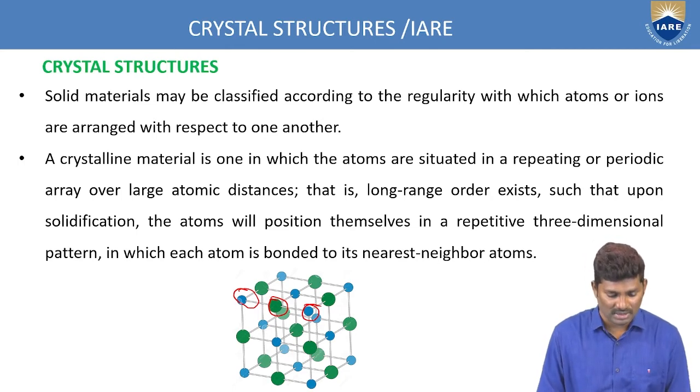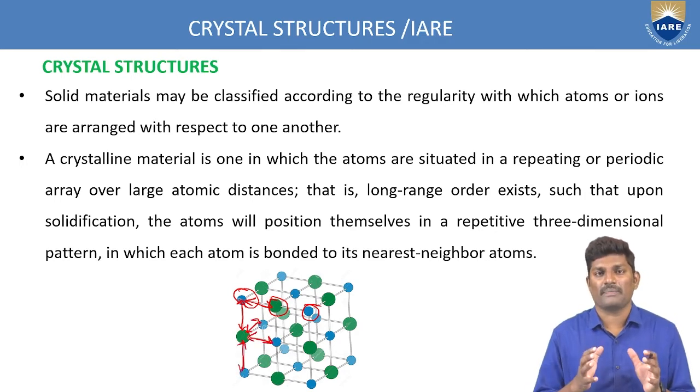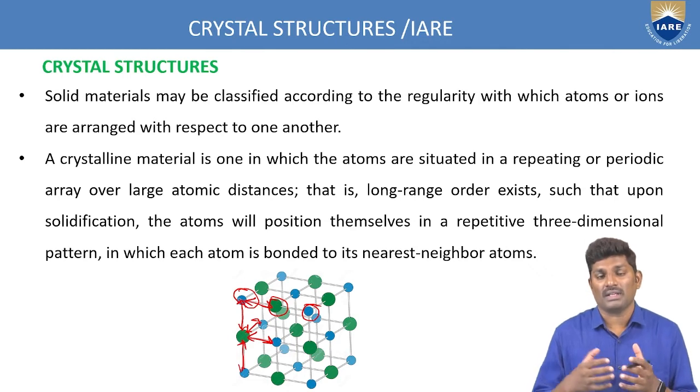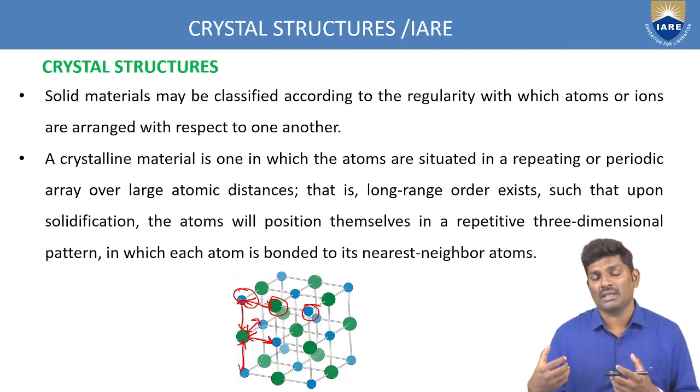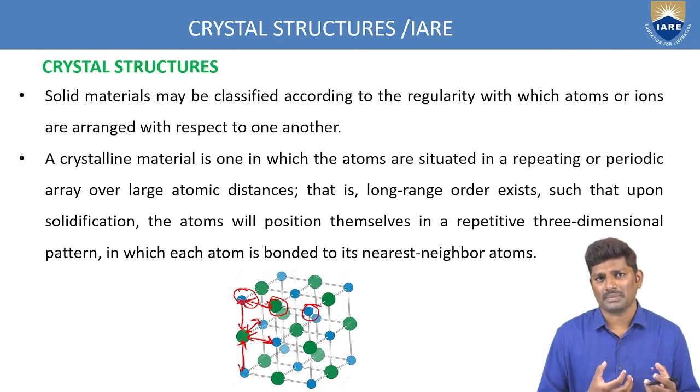Here this atom is bonding to the one which is nearer, and here again it is bonding. So the atoms which are near or neighbors to each other should have a bonding between them, and the atoms are repetitive in a 3D pattern, situated in a repeating periodic array.